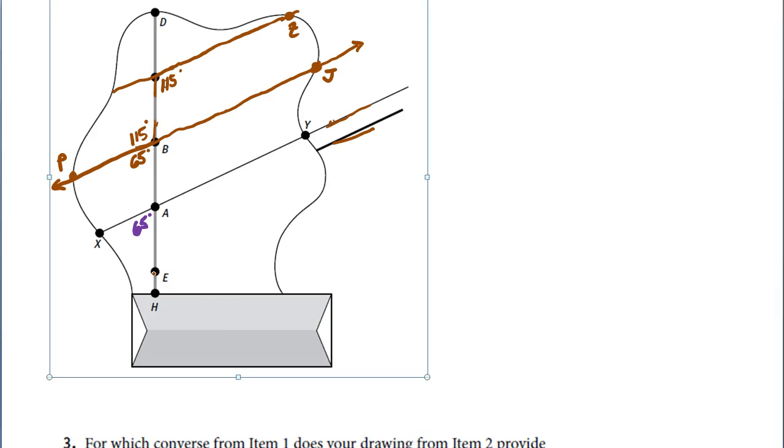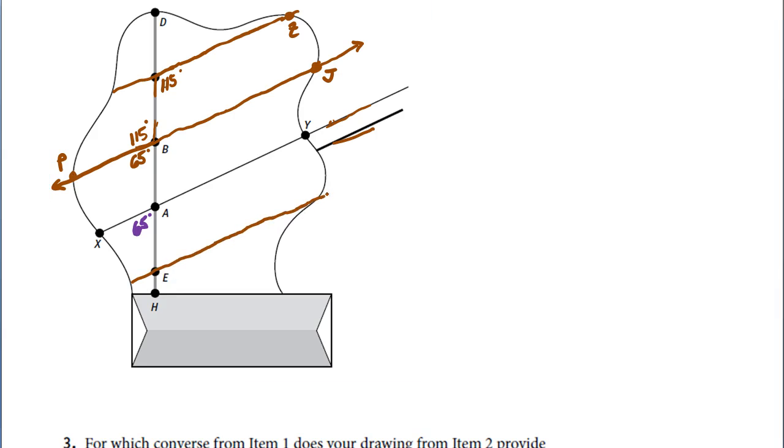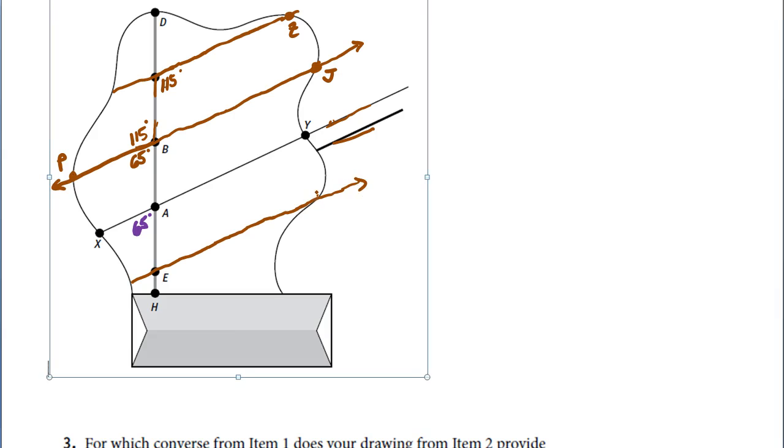So here's point E. I want to draw a line through point E that is parallel to the other string lines. And just to call this something, let's call this point W. Now it said to draw this using same side interior angles.